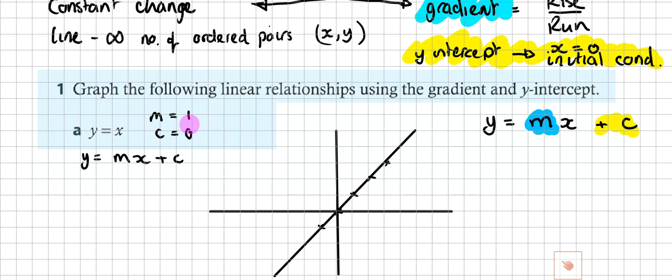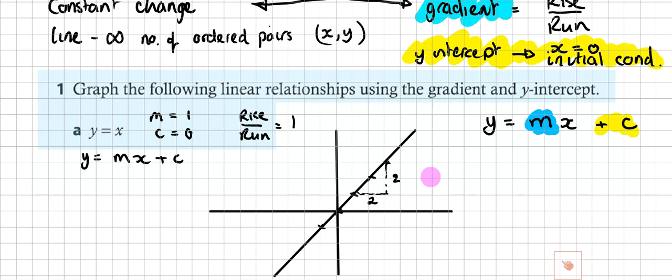Rise over run being 1. If I do one thing divided by another thing and I get the answer 1, the two things are the same. So if I do rise divided by run and I get 1, the rise and run must be equal numbers. So if I go across 2 and I go up 2, I get 1.